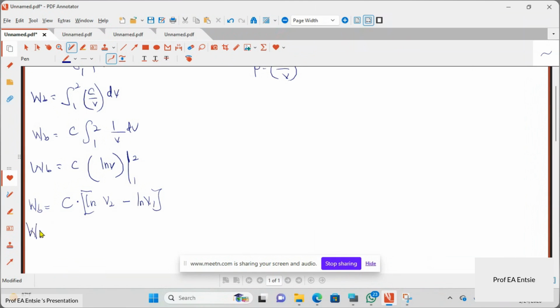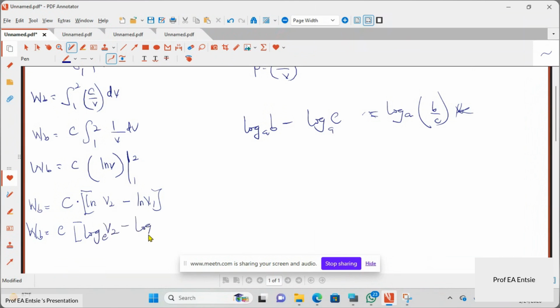But we know that in logarithms, if you are subtracting, it means you are dividing: log to the base a of b minus log to the base a of c is the same as log to the base a of b over c. So this is the same as log to the base e of V2 minus log to the base e of V1. So the boundary work done will be C times log to the base e of V2 over V1.